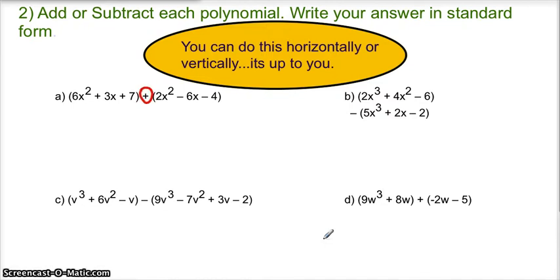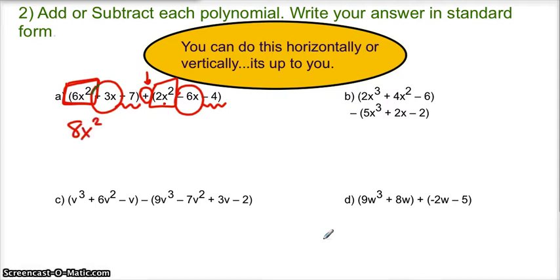So I'm going to start adding my like terms. I have an x squared term, I have a plain x term, and I have a term with just a number. I'm going to add them in standard form so that my answer is in standard form. So if I take 6x squared and add it to 2x squared, I get 8x squareds.